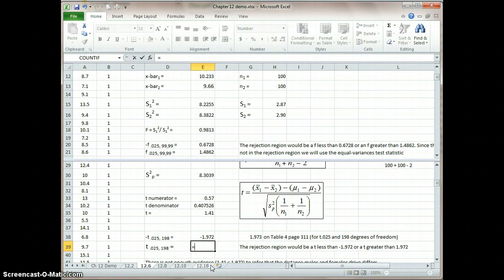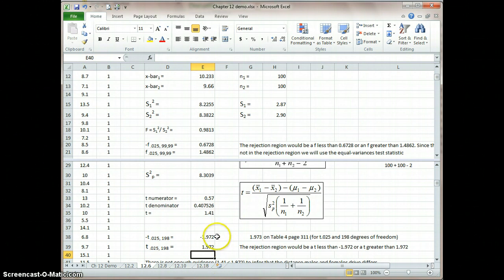Again, I'm going to do it for the other part of the T.INV, and the probability is 1 minus 0.025, and then 198 for degrees of freedom, so 1.972.